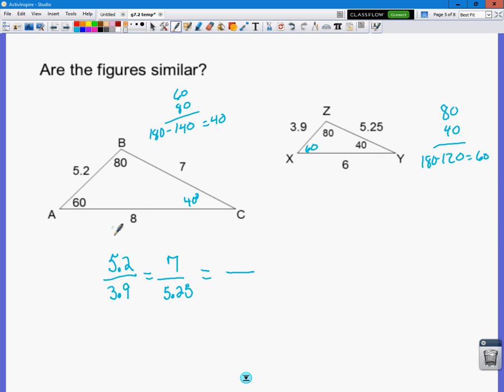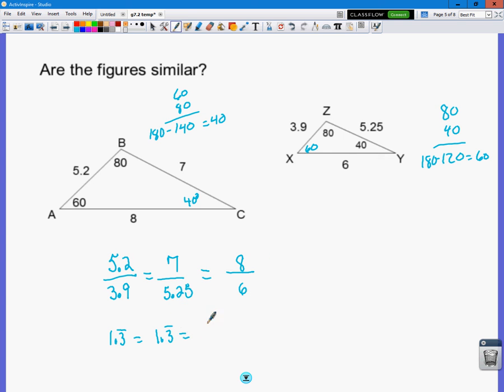And then the 8 would compare to the 6. If I actually divide each one of these out, 5.2 divided by 3.9 gives me 1.3 repeating. 7 divided by 5.25 also gives me 1.3 repeating.